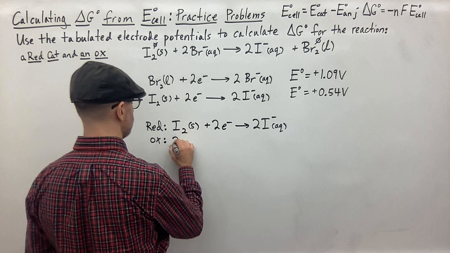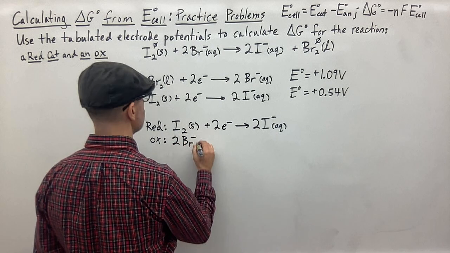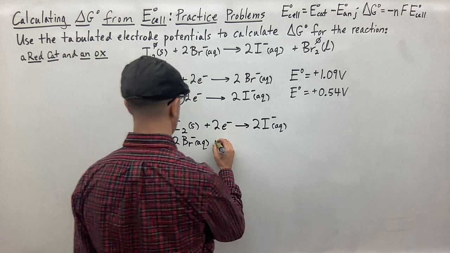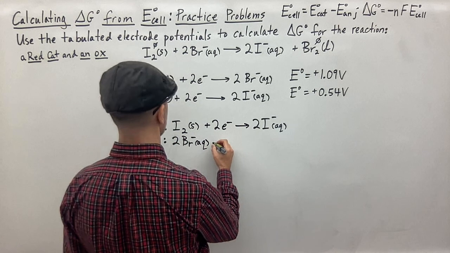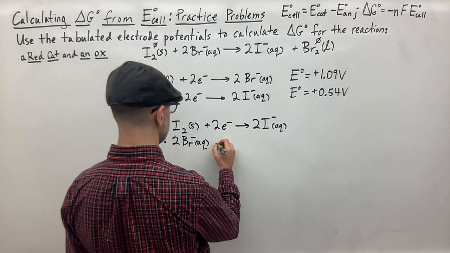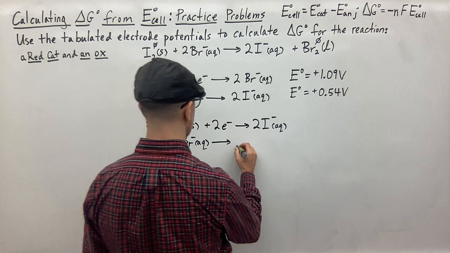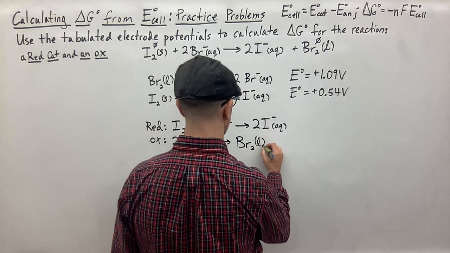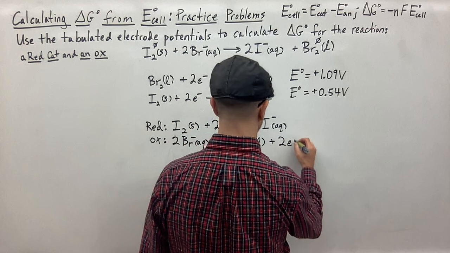So that's going to be 2 Br minus aqueous, and that's going to go to Br2 liquid plus 2 electrons.